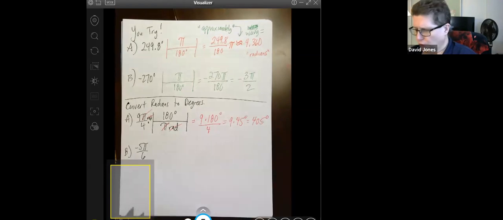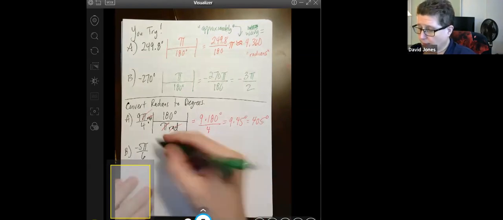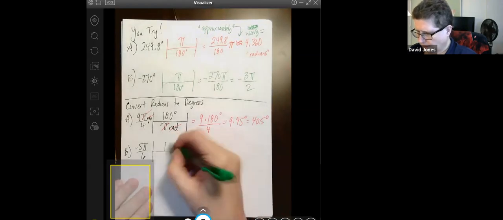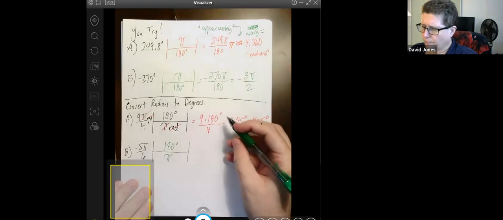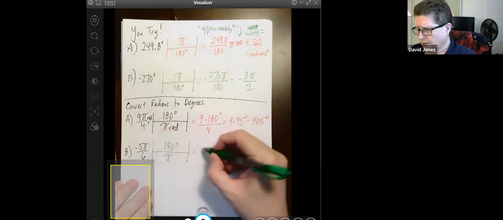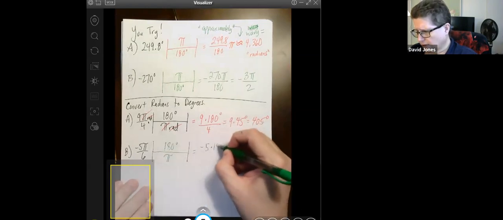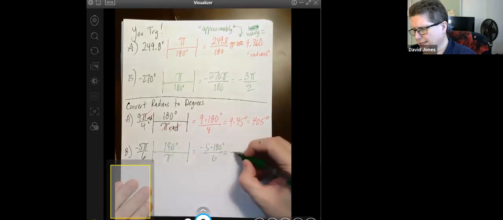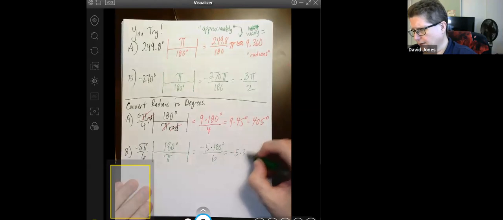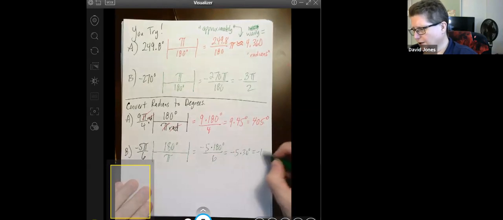So more than a circle. Do that here. Pi cancels. 180 divided by 6 is 30. So this is negative 150 degrees.